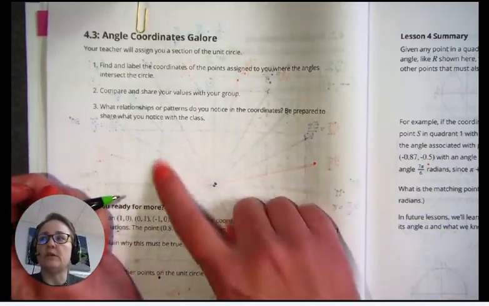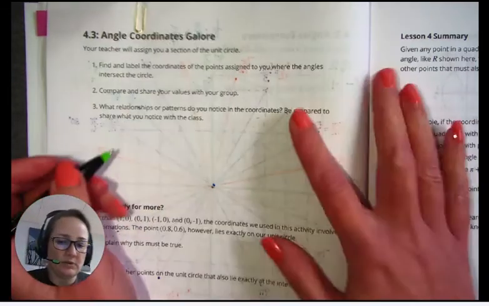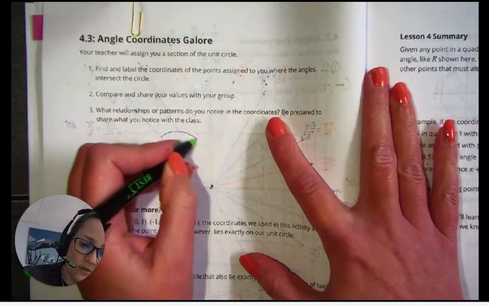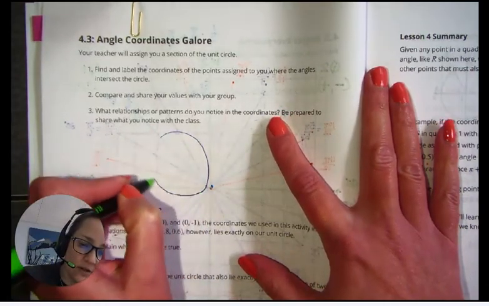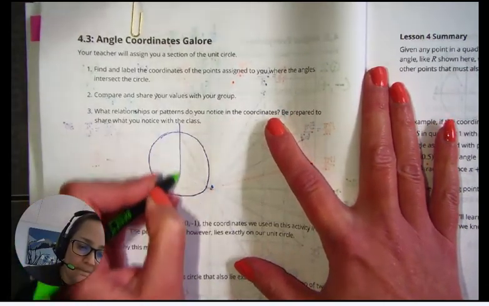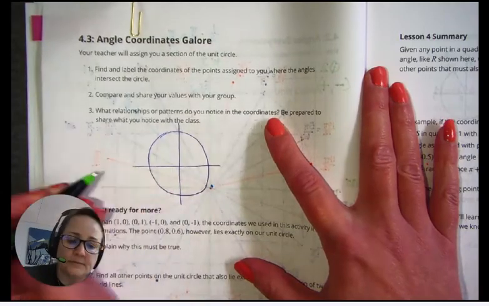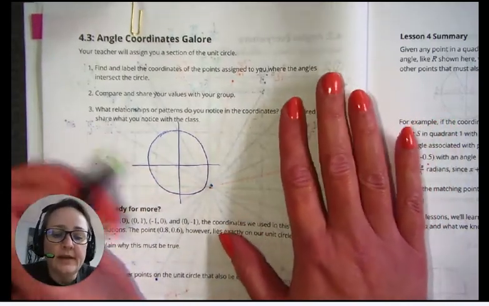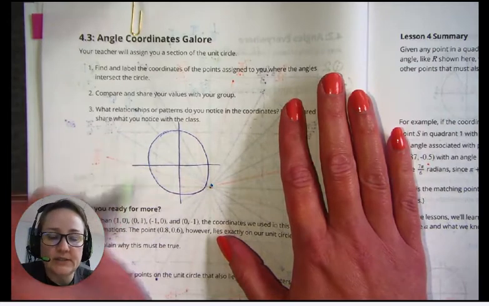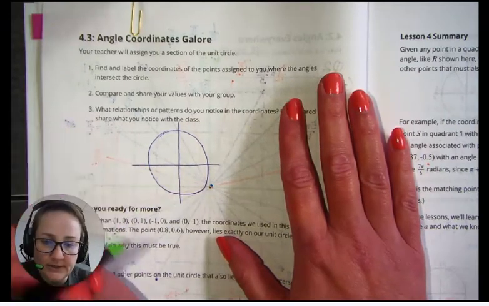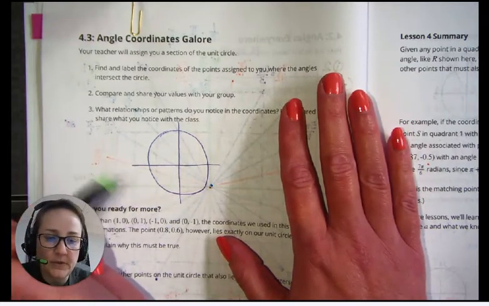Let's draw a little mini one here, and then we're going to put some info on our front page with our unit circle. So draw a unit circle here. There are some points that definitely fall along our coordinates that we would need to have.